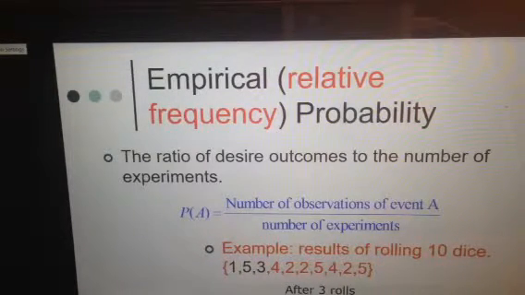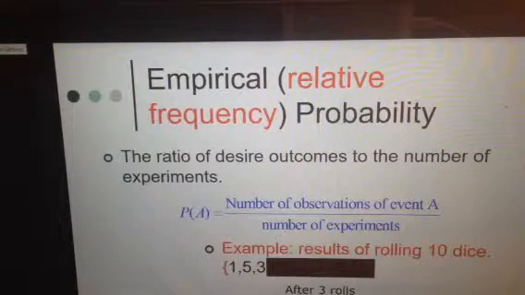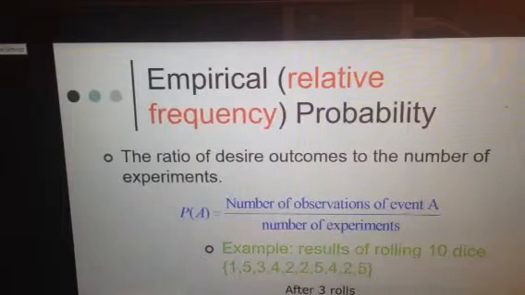After 3 rolls, the probability of a 1 is 1 out of 3. The probability of a 2, there's not a 2, so that's 0 out of 3. And the probability of rolling a 6 is 0 out of 3.